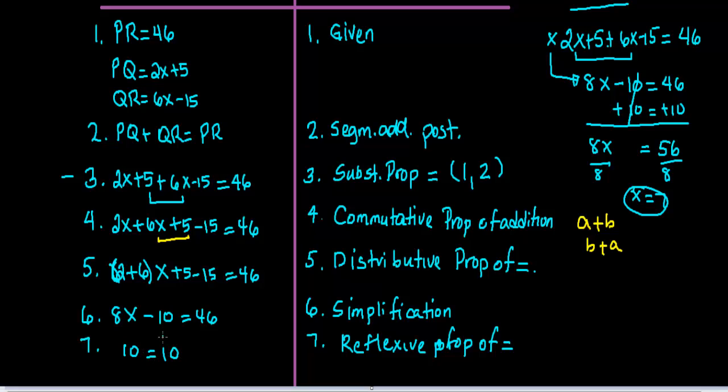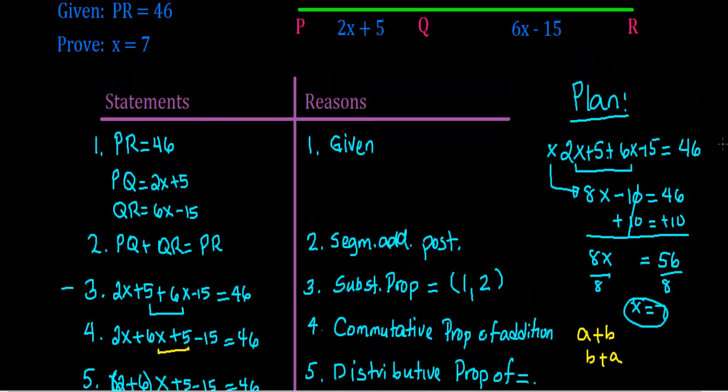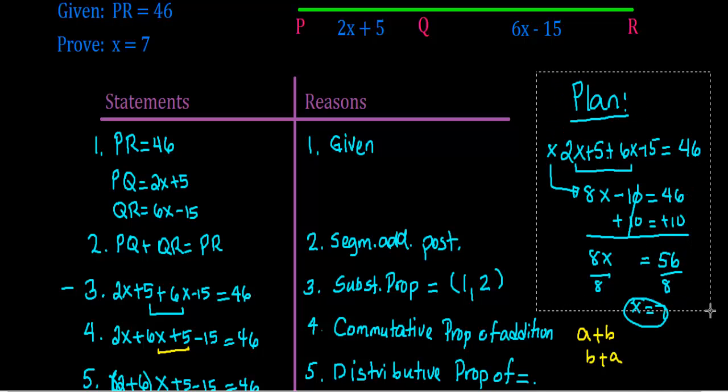And since the addition property of equality states that I have to add the same number to both sides, I first validate that the numbers that I'm adding to both sides are really the same number. So this is a way to say, look, I'm doing things correctly. I am adding the same number to both sides. And let me erase my plan here so that I have some room.